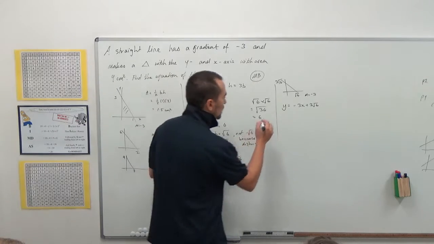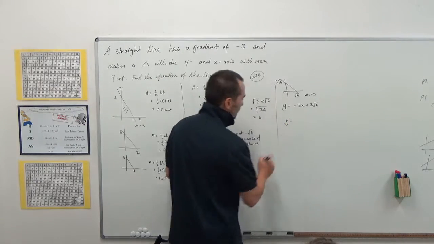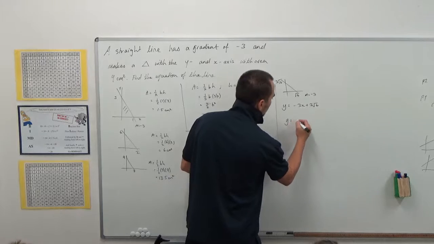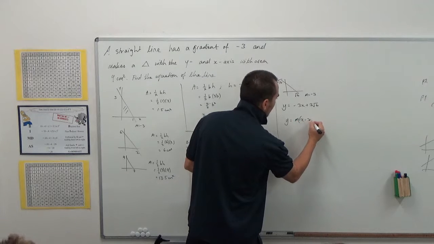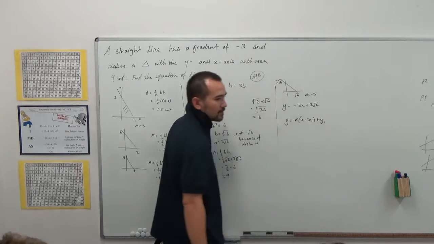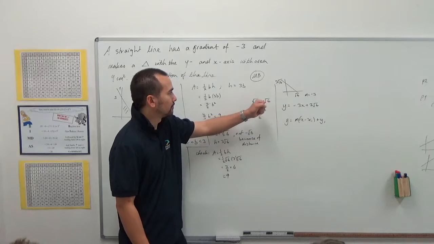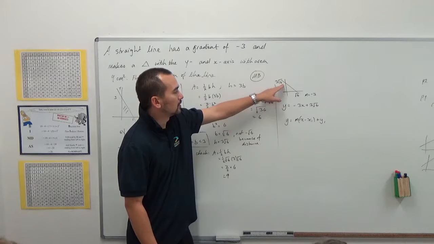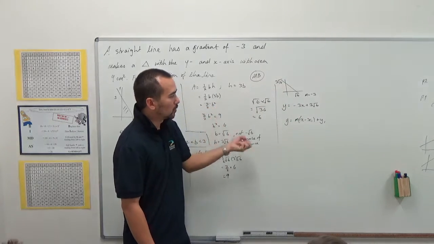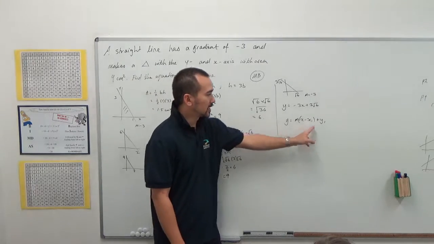Now, let's just take a moment to refresh our formula for the equation of a line. y equals mx plus c, or y equals m times (x minus x1) plus y1. If we weren't given the y-intercept, but we were given a coordinate, we would need to use x1, y1.